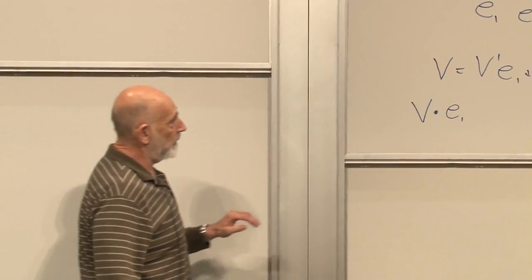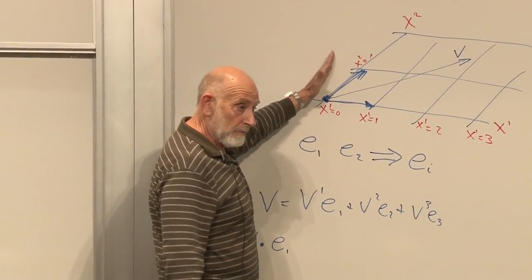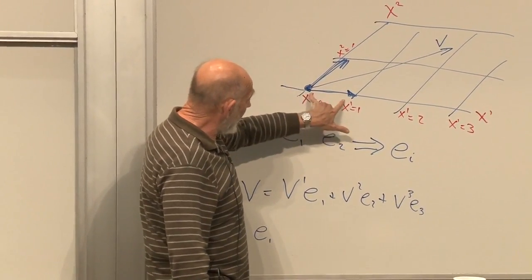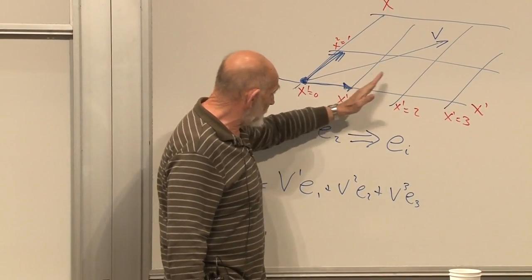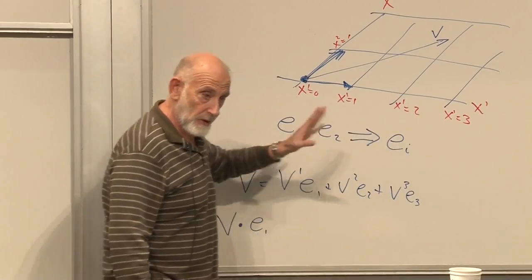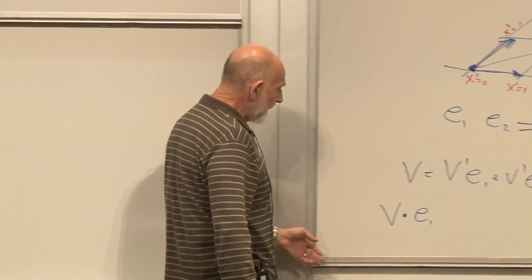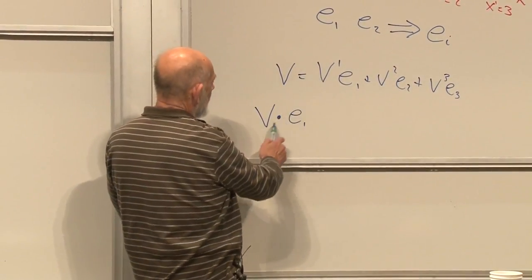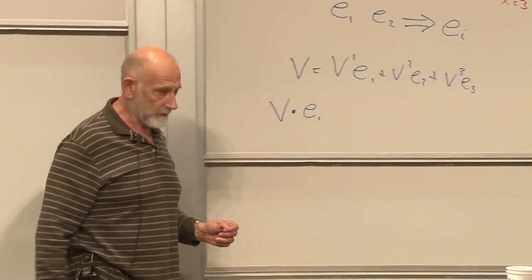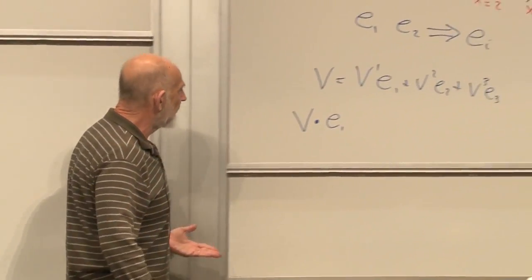Now, if we were just using conventional Cartesian coordinates perpendicular to each other, and if these really were unit vectors, if the distance representing each coordinate separation here was 1 unit of whatever the units we're dealing with, then these coefficients here would be the same as these dot products. The dot products and the coefficients would be the same.